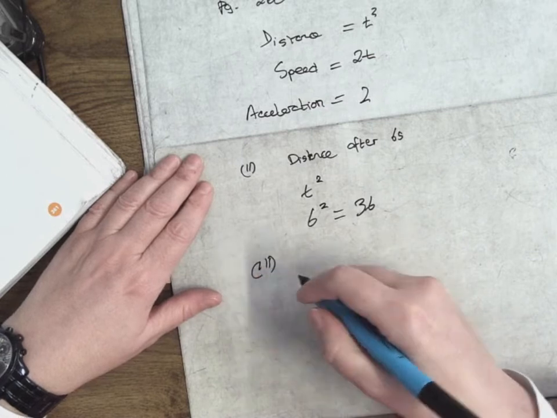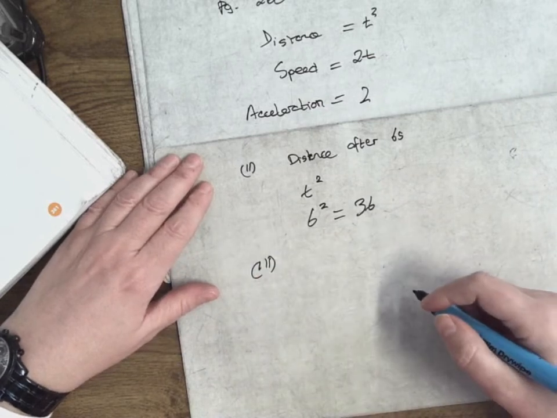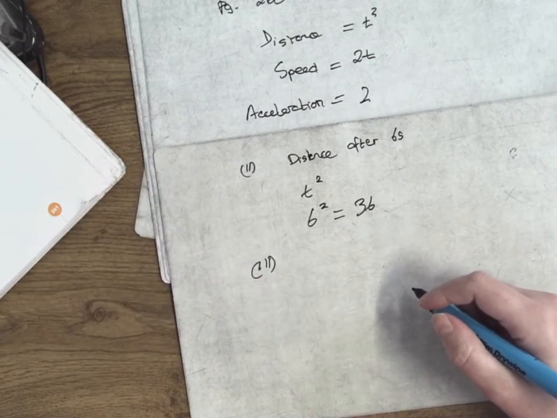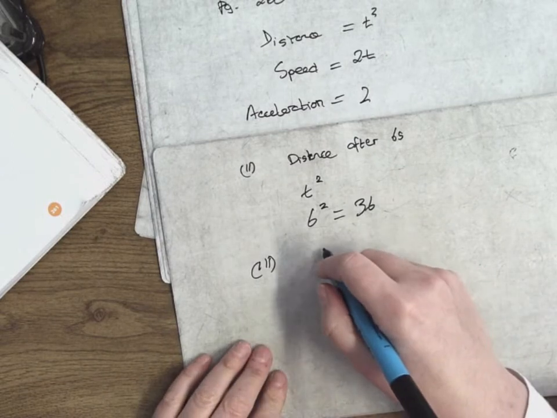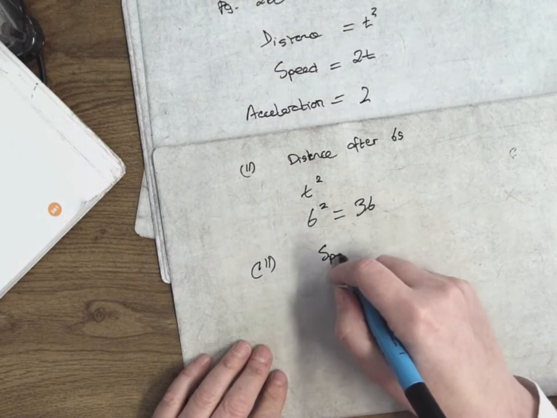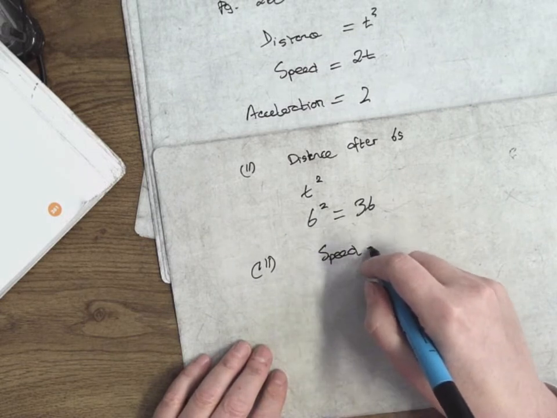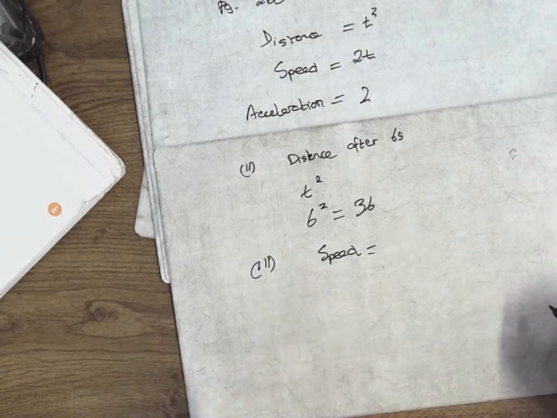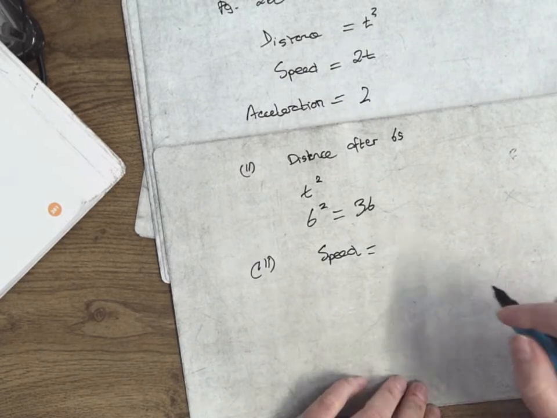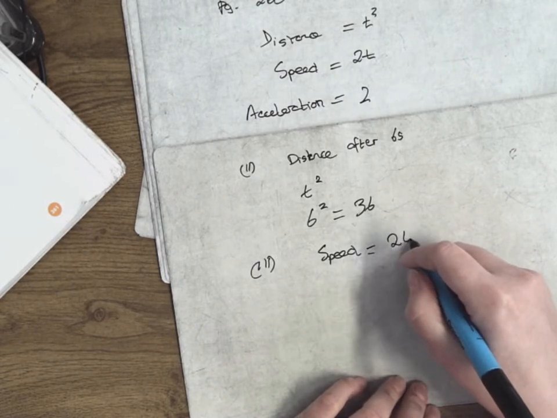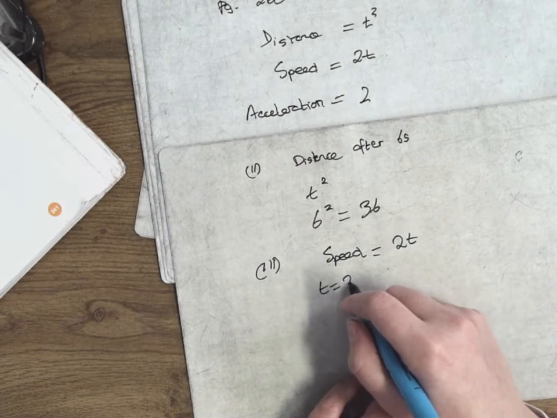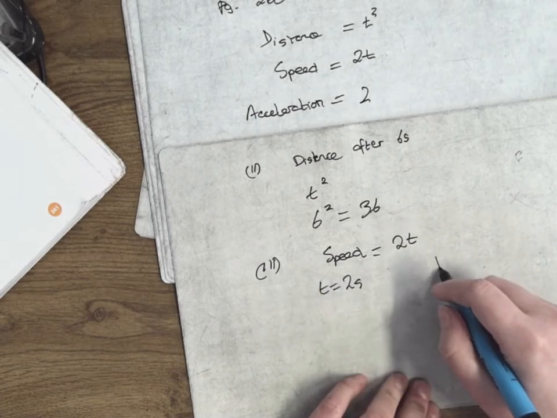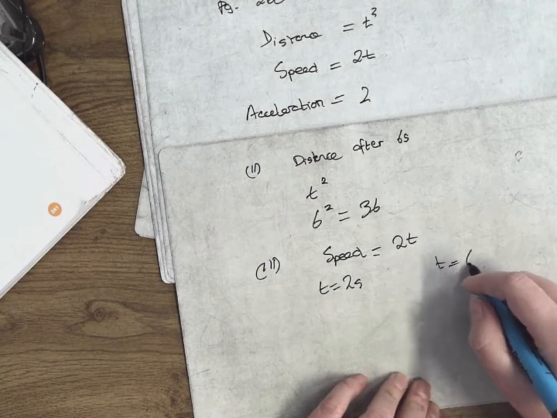Right, part 3. Find the average speed in meters per second between t equals 2 and t equals 6. Right, okay, so what's the formula for speed? 2t, right, okay. So they want t equals 2 seconds, and they want t equals 6 seconds, isn't it?